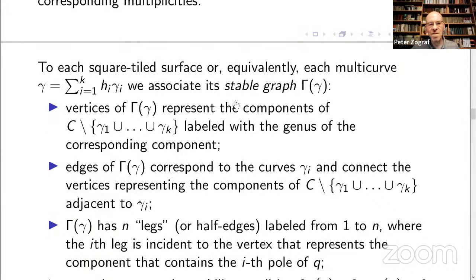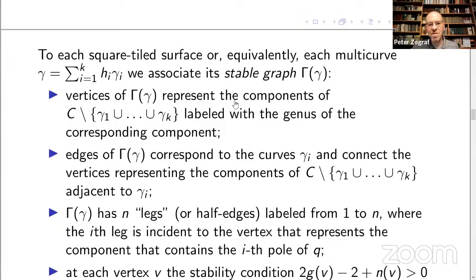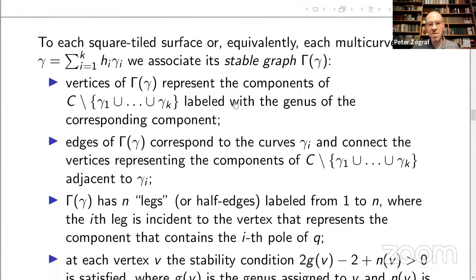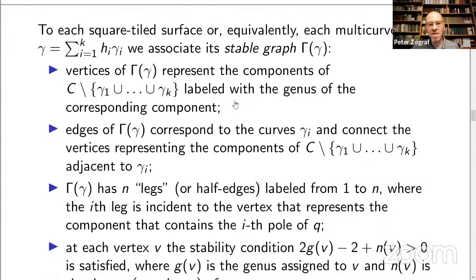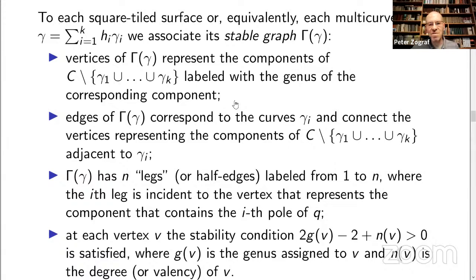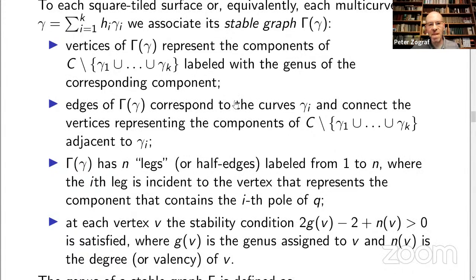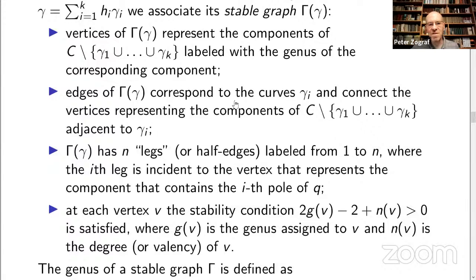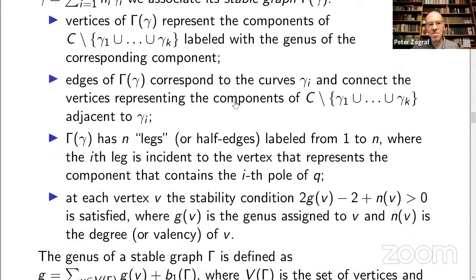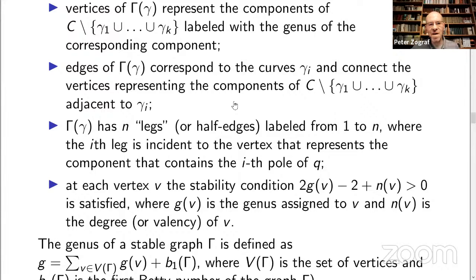Edges of gamma correspond to the curves, to the irreducible components of the multicurve, and connect the vertices representing the components of the complement adjacent to gamma i.